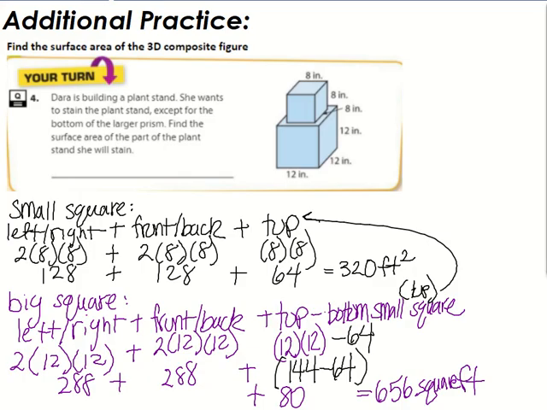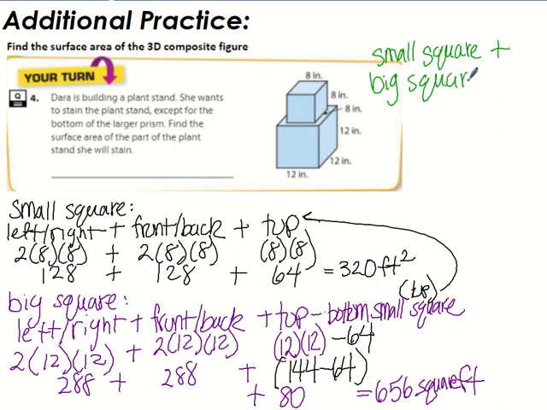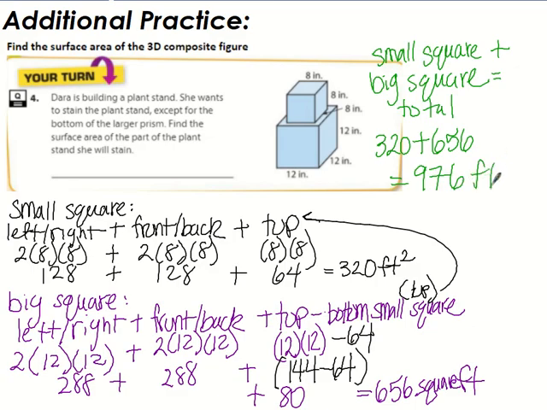We now need to take our 2 units, the big one and the little one. We're going to take the small square and add it to the big square to get the total. So we're going to take 320 and add it to 656 to get the total surface area of 976.